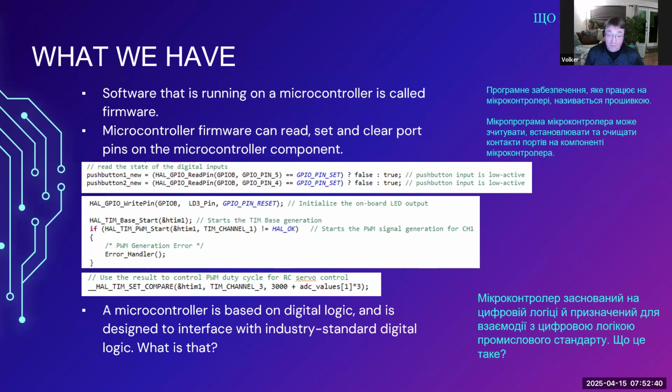However, in the third example underneath, there is a macro that is actually setting the duty cycle of the PWM. In this case, you couldn't tell from the command, but you can tell from the comment. It is actually intended to set the output of an RC servo, the remote control servo. And remote control servos use PWM, but not directly for motor control.